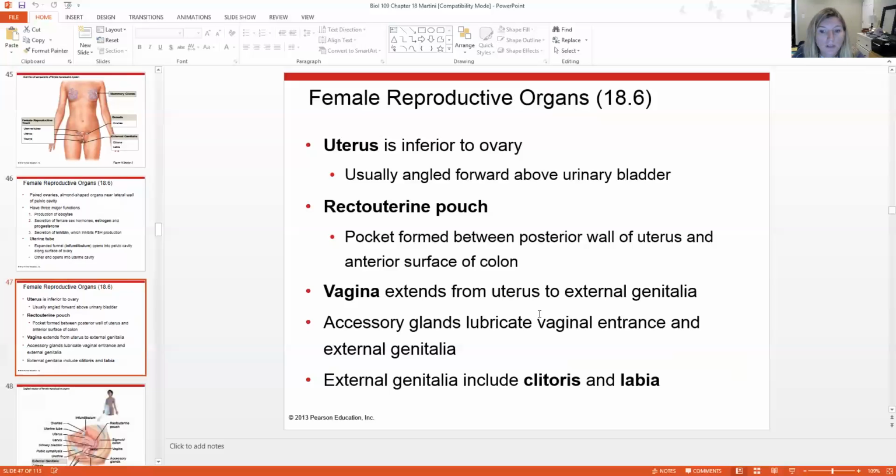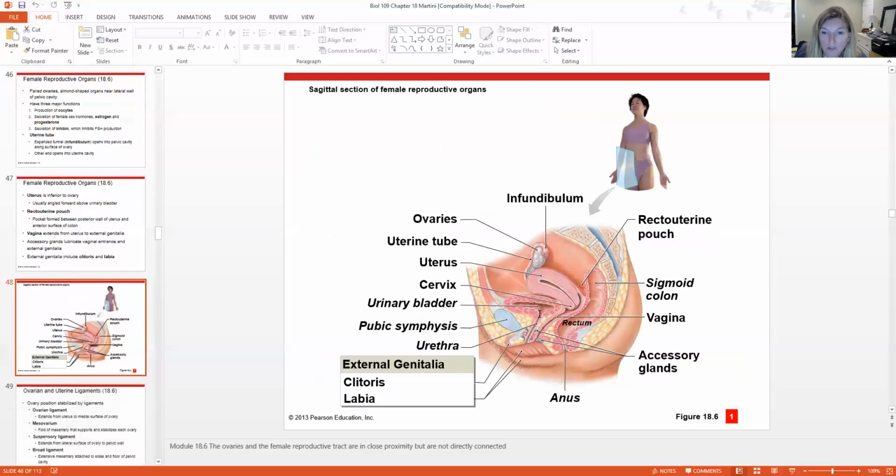Accessory glands lubricate the vaginal entrance and the external genitalia, and then the external genitalia include the clitoris and the labia. So here you see a cross-section, rectum in the back, the rectouterine pouch, the uterus, ovary, infundibulum of our uterine tube coming down, emptying into our uterus.